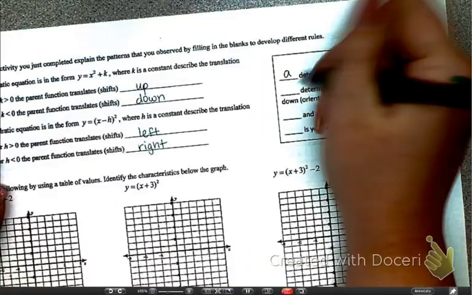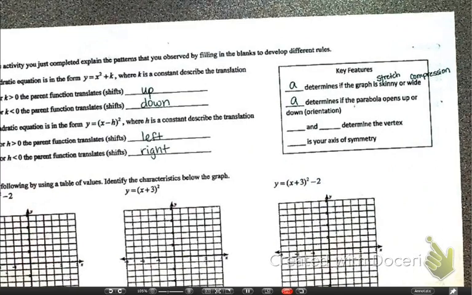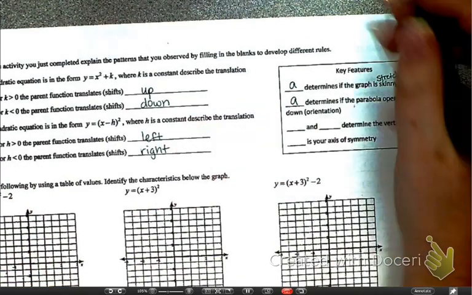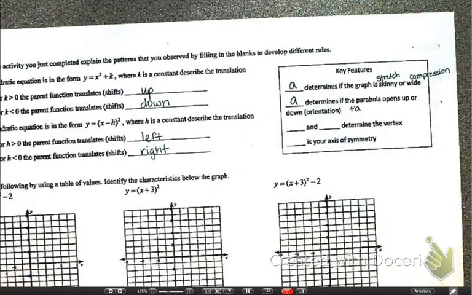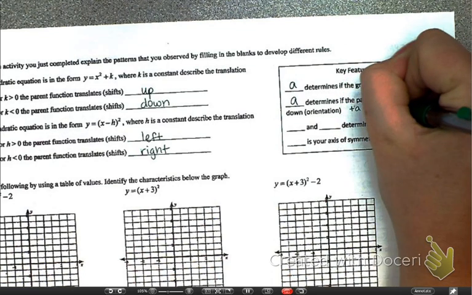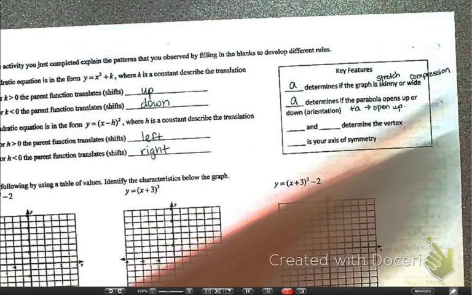So A also determines if it opens up or down. If A is positive, which way is it going to open? Up. Everyone should probably write all of this information down.